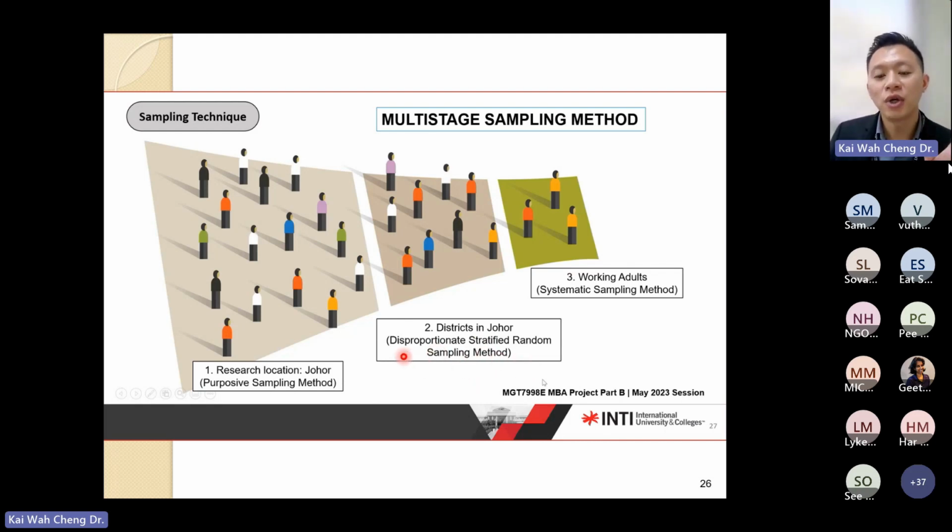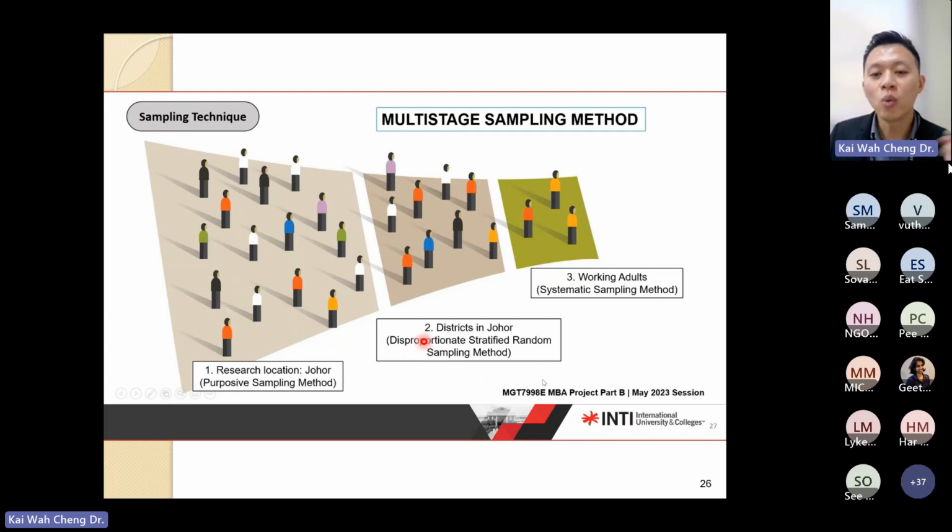If you are using this method, then you will be able to calculate the maximum number or the quota that you are going to distribute your questionnaire in order to cover the entire district in a state. So we call it proportionate stratified random sampling method. But if you are using this method, it involves some calculations.